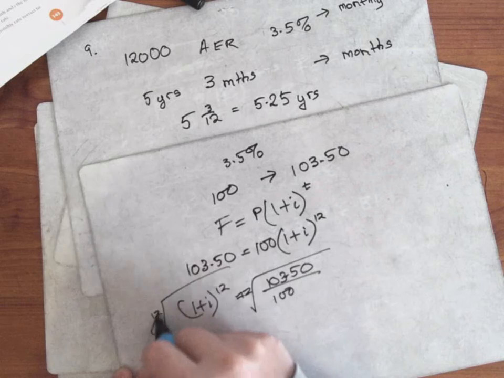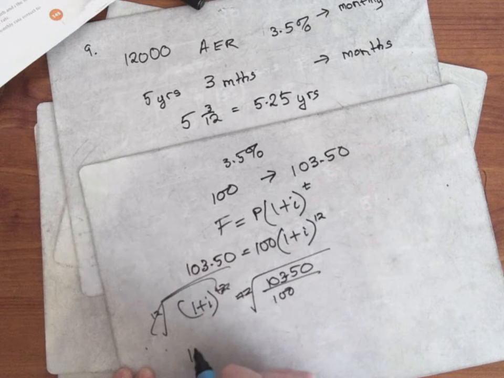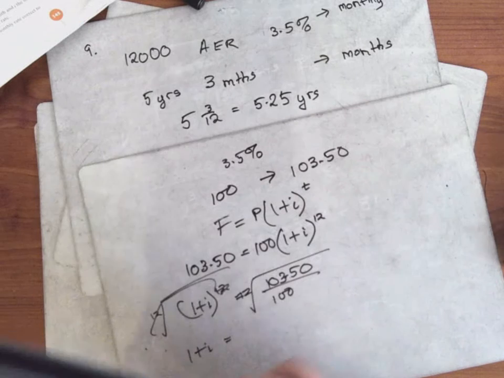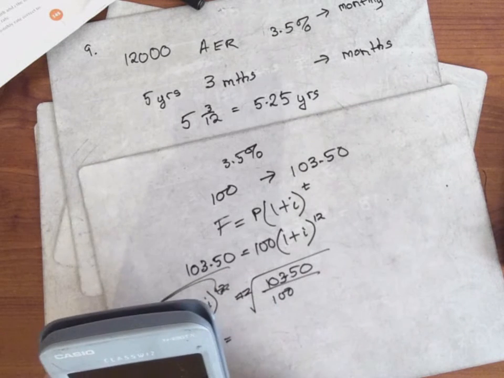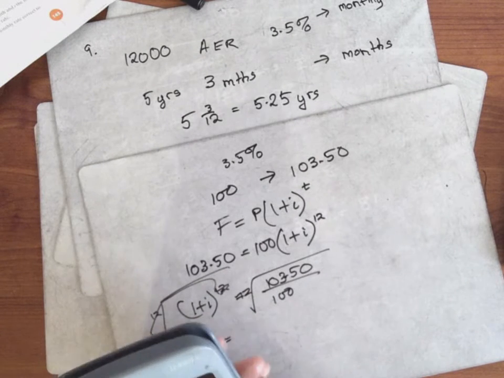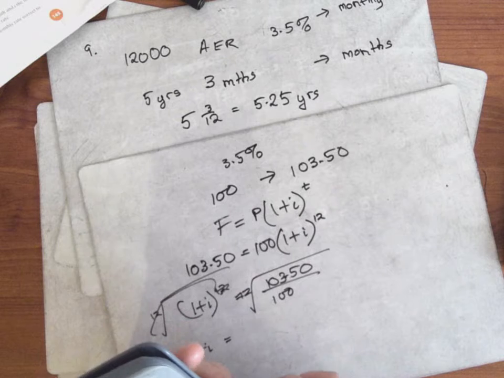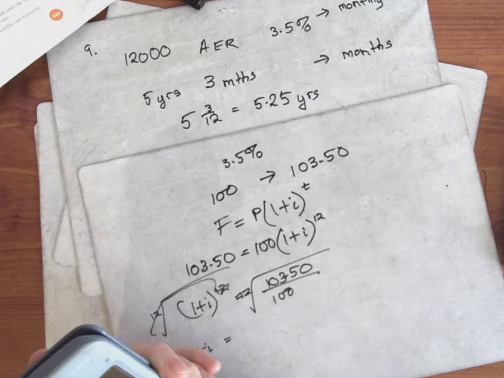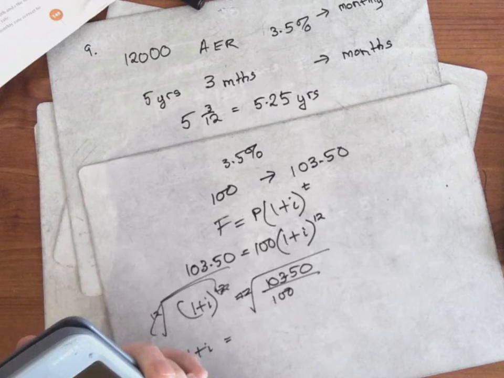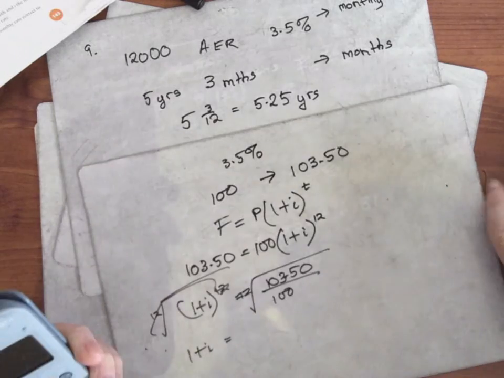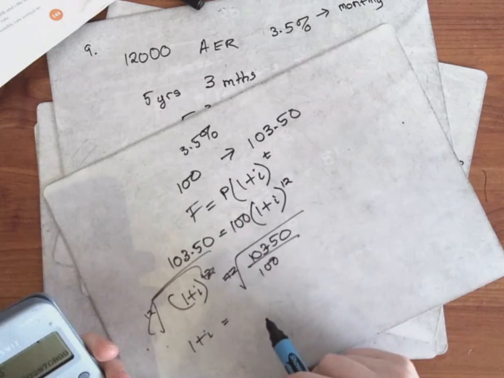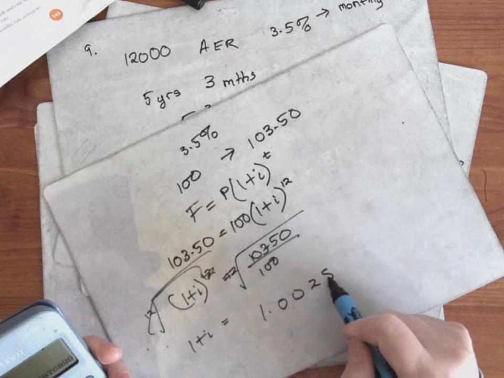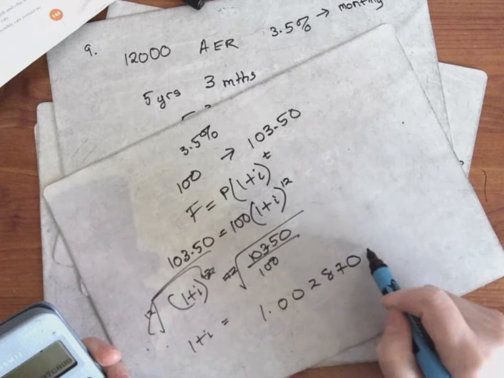Okay, so the 12th root and the power of 12 cancel each other off. Over this side, I get the 12th root: shift and that button, 12, 103.5 over 100, equals, and when I do that I'll get 1.0028708.